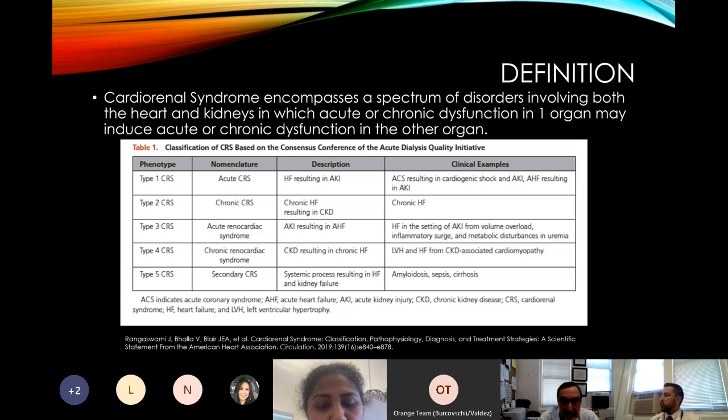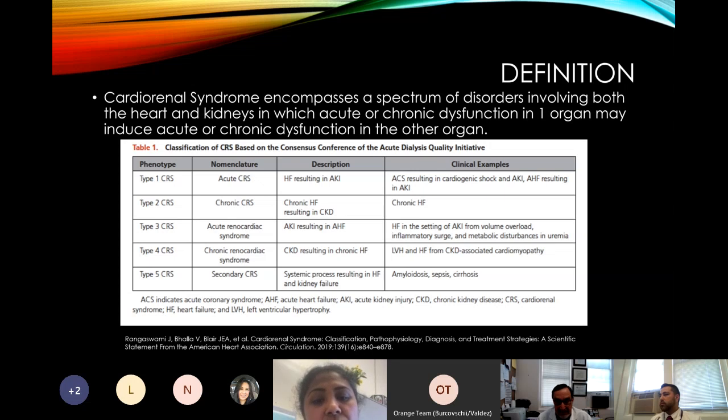From my perspective, because obviously it's not my field, it makes me wonder: the times when there's a difference of opinion, let's say between critical care and nephrology, or cardiology and nephrology, or cardiology and critical care, is that there may be some overlap between these, whether it's type 1, 2, 3, 4, or 5 of the CRS.